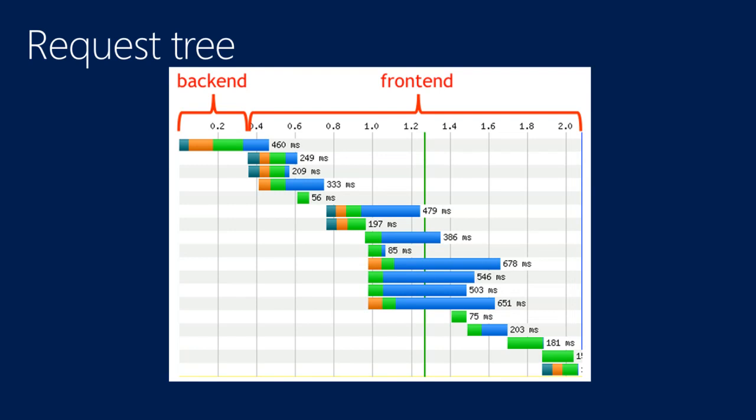All the other requests are images, JavaScript, and style sheets. So if we optimize our database, we're only going to be able to make the topmost bar a little bit smaller. But we're still going to have all the rest of the requests coming in, delaying the time it takes for the page to load. So it kind of makes sense.